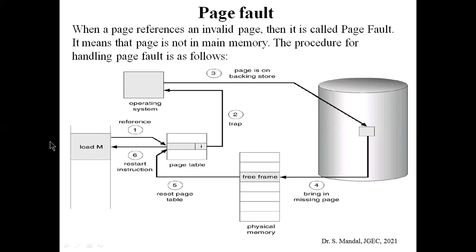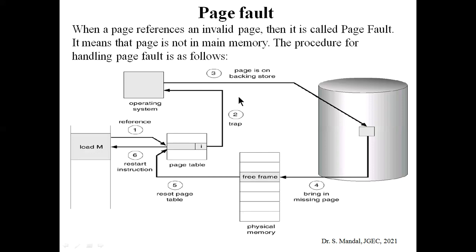For that case it will generate a logical address that consists of page number and page offset. Then it will check the page table to see whether it is valid or invalid. If it is valid, fine, no problem, and it will work as a simple paging system. But if the bit is invalid, that means the bit is zero, then what will happen? A page fault has occurred.